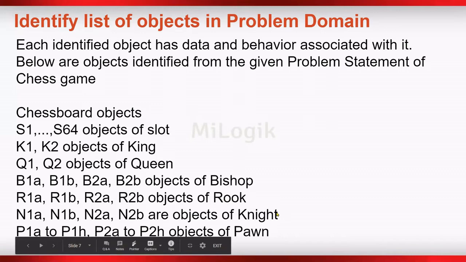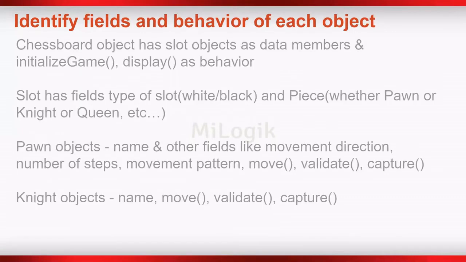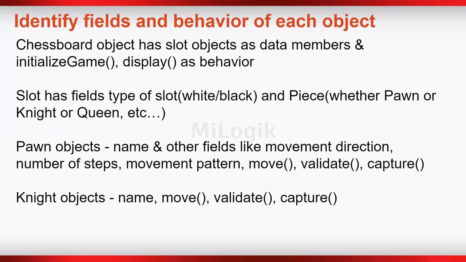As already known, every object has data associated with it and behavior associated with it. For example, if you take the chessboard object, the data is nothing but all the slot objects. The chessboard has all these as data members. And what is the behavior of the chessboard?